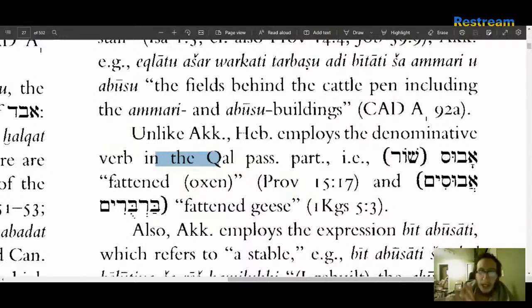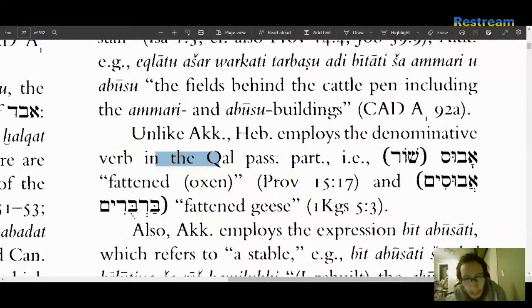So Akkadian, remember I said originally there was Akkadian split into two different dialects, which is Babylonian and Assyrian. But prior to that, it split into Eblaite and Akkadian. So before Akkadian, it was the original Hebrew. It split into Eblaite and Akkadian.